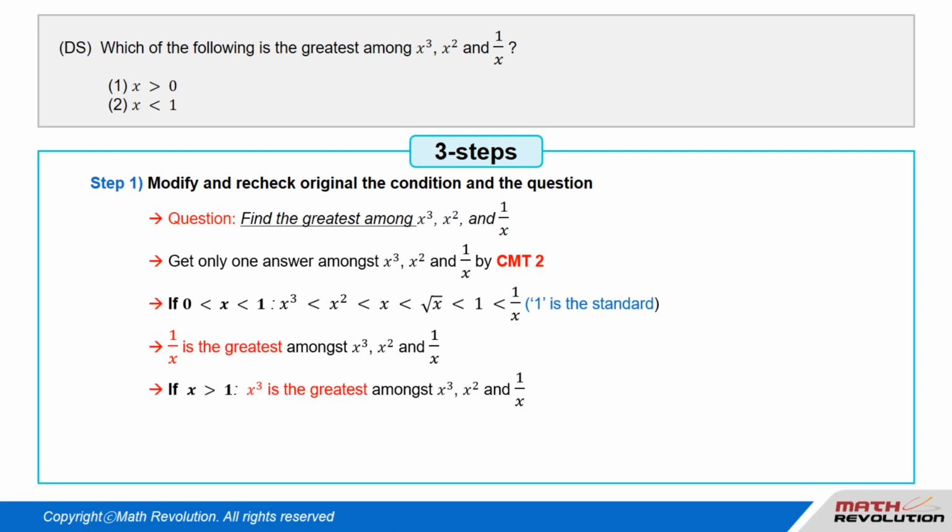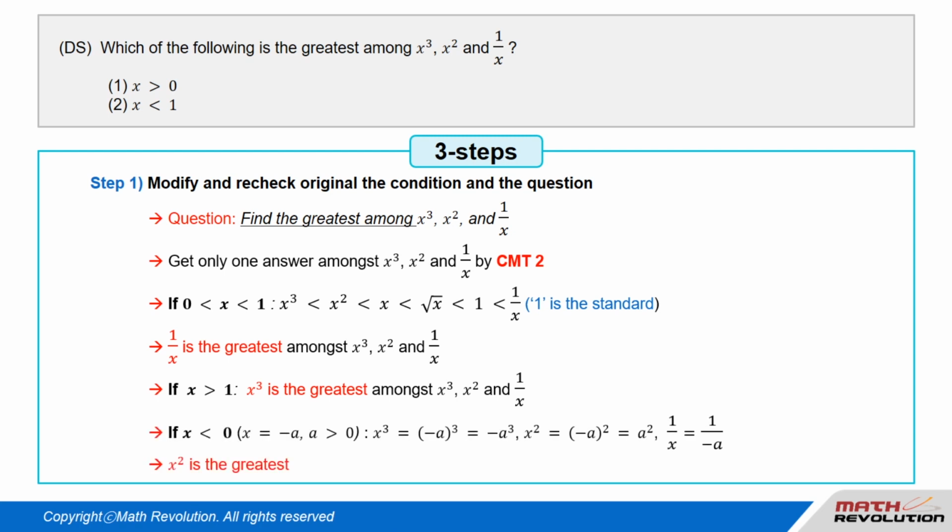And when x is negative, say x is negative a, where a is greater than 0, then x cubed equals negative a cubed, x squared equals a squared, and 1 over x equals 1 over negative a. Thus, when x is negative, x squared is the greatest amongst x cubed, x squared, and 1 over x.